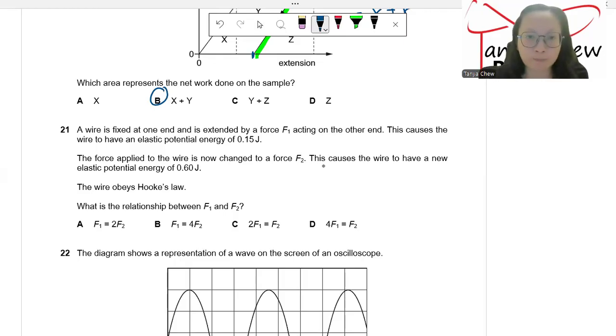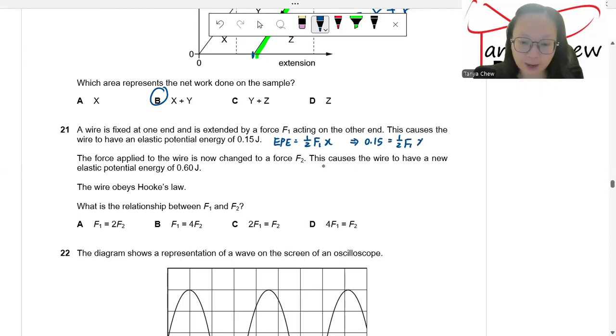Now I have to do it one by one. So for elastic potential energy, EPE is equal to half F1x for the first one. And then I have 0.15 is equal to half F1x. And then for the second one, I have 0.6, EPE 0.6 is equal to half F2x.